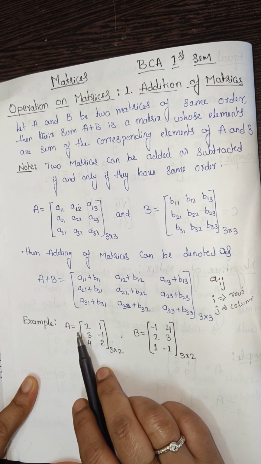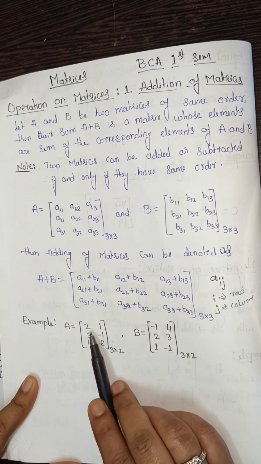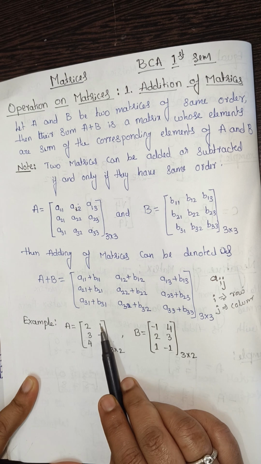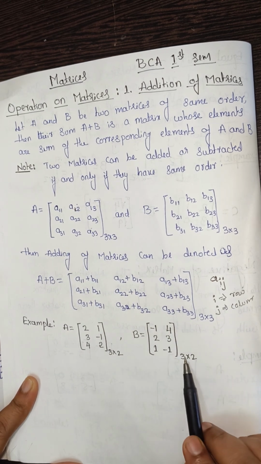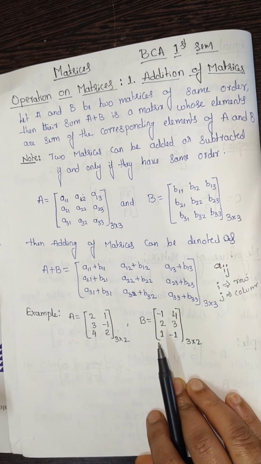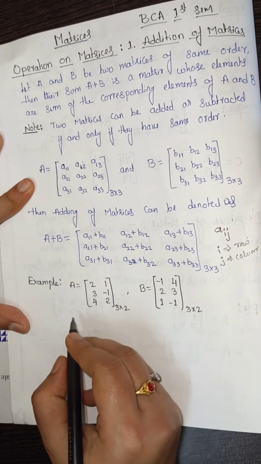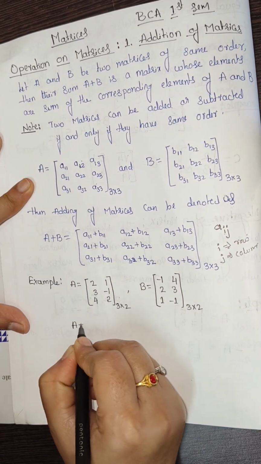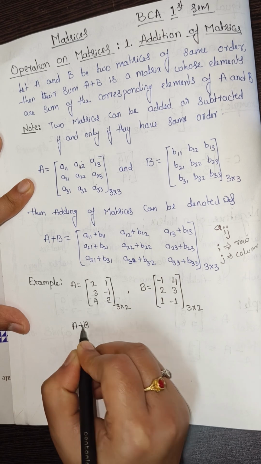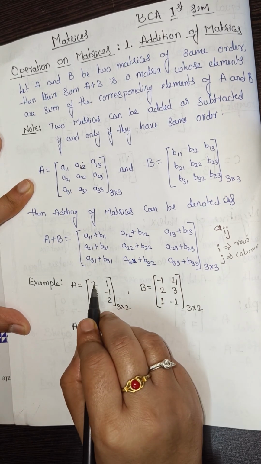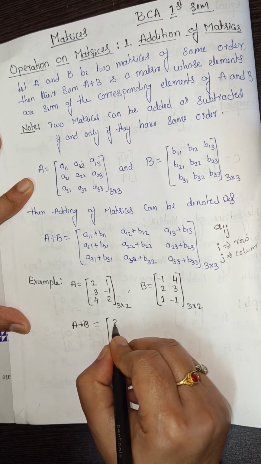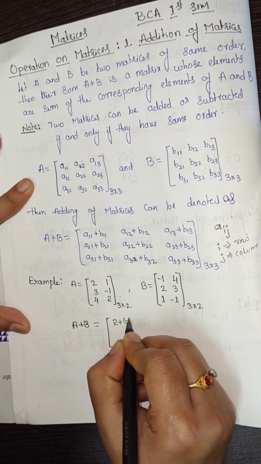Now we'll do one example. A equals 2, 3, 4 and 1, minus 1, 2. It is a 3 by 2 matrix, and B is also a 3 by 2 matrix. Let's see A plus B. How should we add? We should add corresponding elements. So 2 plus of minus 1.